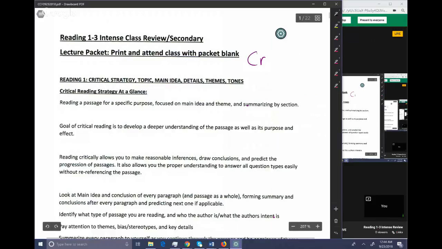A couple of notes right up front. One thing that I get asked about all the time, and I say it all the time, but I still get asked about it: the critical reading strategy that I teach in Reading 1 is essentially non-negotiable. Of course, you can do whatever you want.